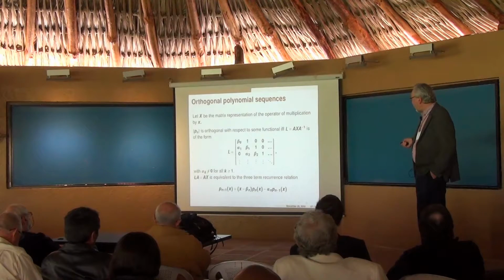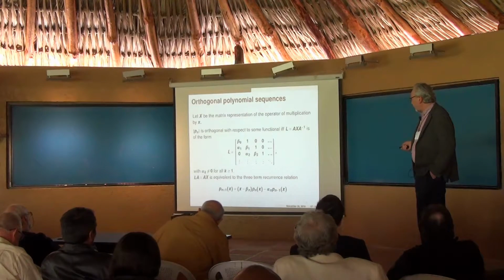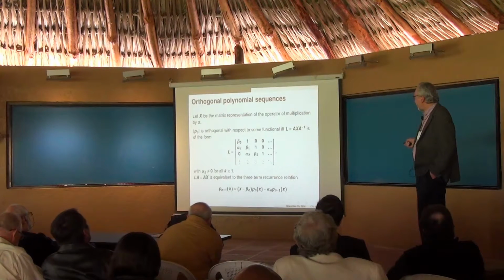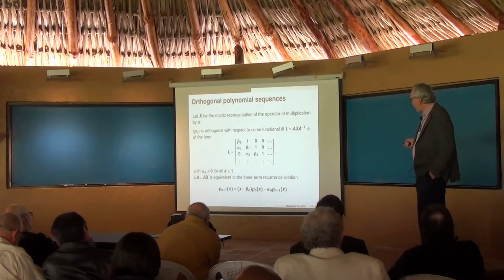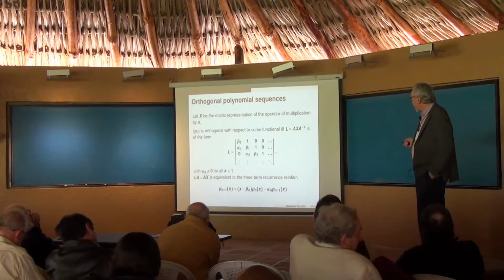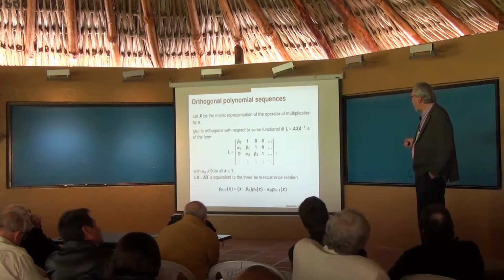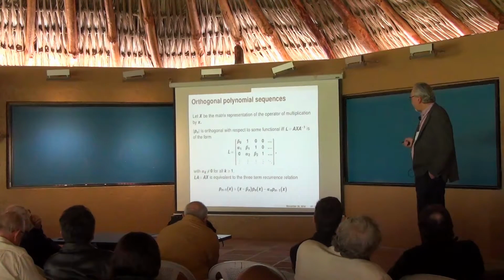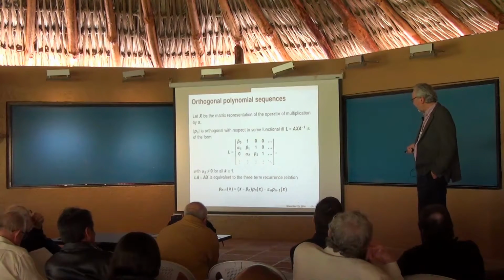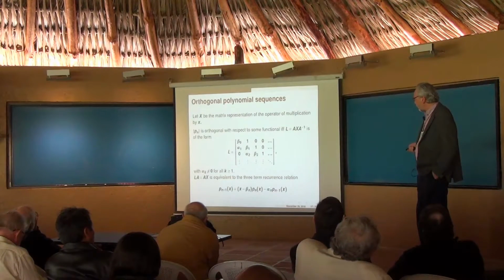The recurrence relation will be described by this matrix, and the orthogonality is described in terms of matrices in this form. So the rows of A are orthogonal if they satisfy this equation for some matrix of this form. So that's the three-term recurrence relation.